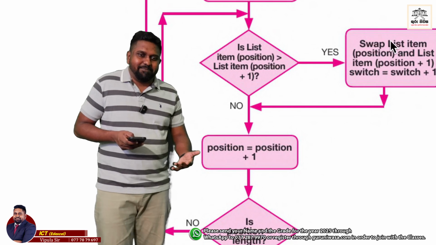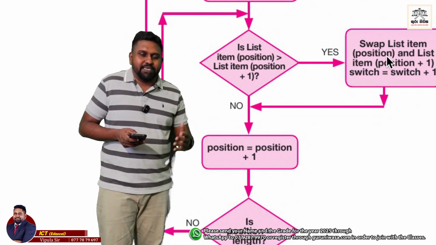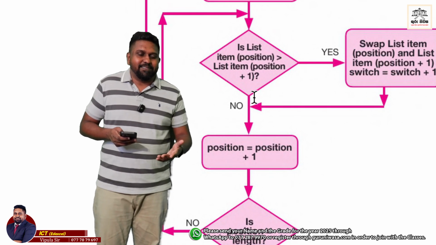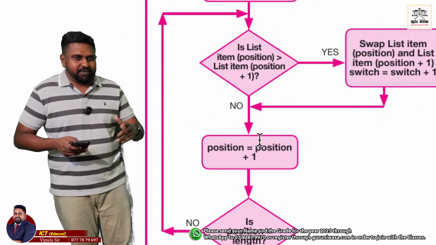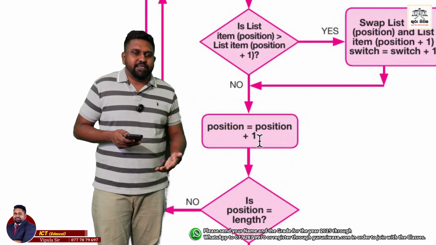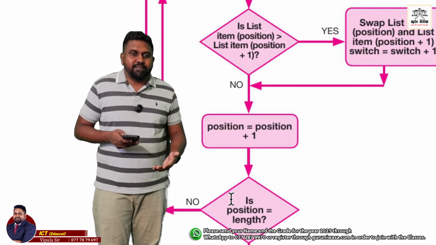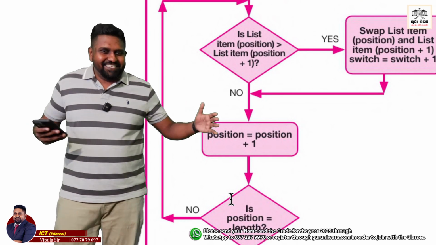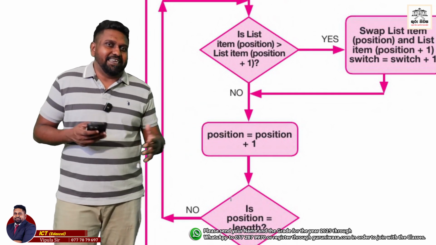ඇයි මෙතන අපි position එක switch වුණානේ. So we basically change the position, right? Since the position equals position plus 1, the new position, we check if the position equals the length of the items. We had 10 items.